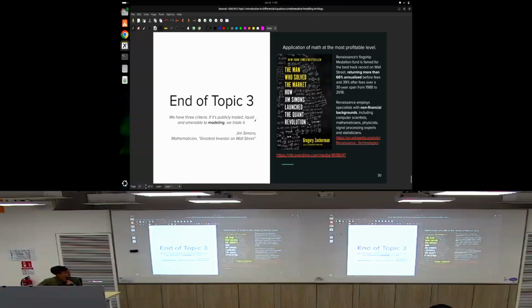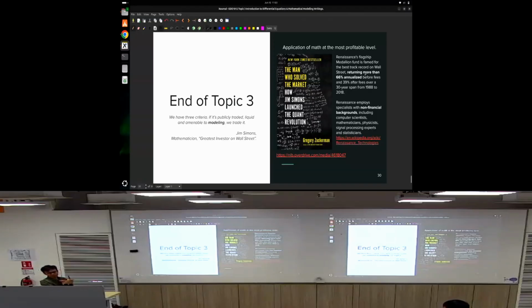He's so successful that his fund returns 66% annualized before fees. That means you invest, let's say, $1,000 at the start of the year. By the end of the year, you got $1,660. That means 66% annualized.